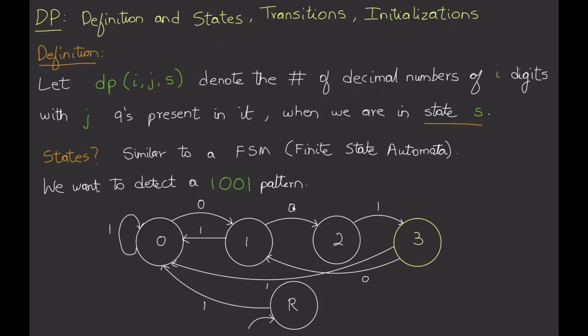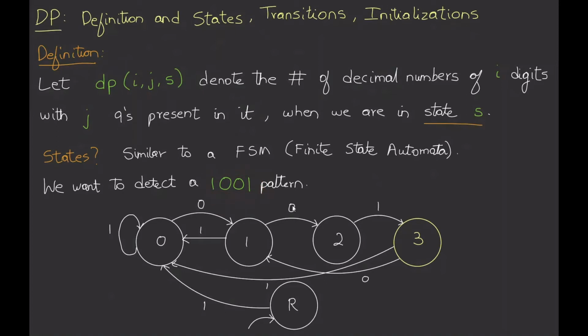So in computer science, there is this very famous notion of a finite state automata, or FSM. If people know about this, then it would be easy. If not, we will understand it in some time. So let us say in an n-digit number or some number, we want to detect a 1001.